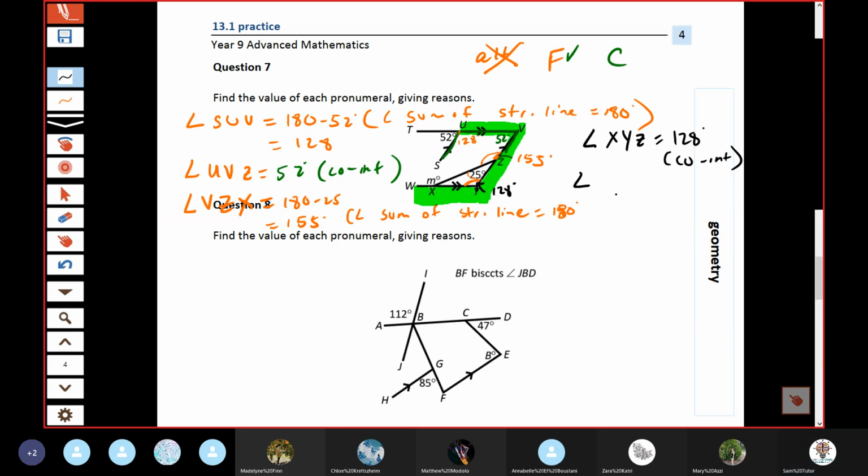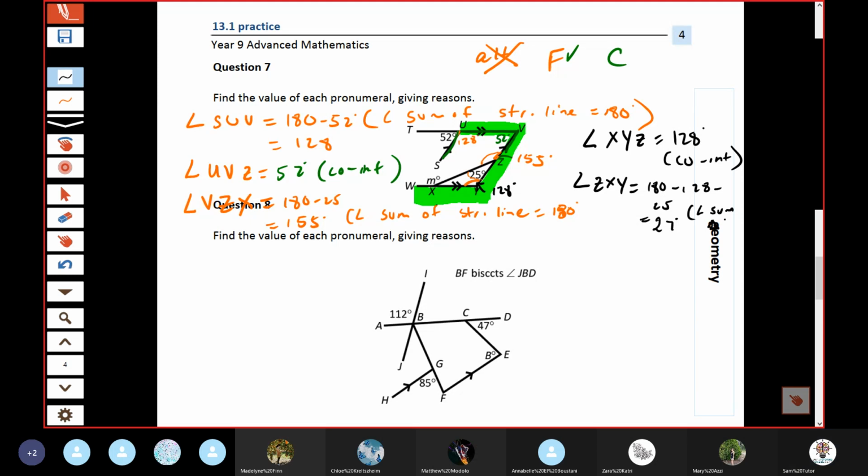Next. 180 minus 25 minus 128 equals angle ZXY. 180 minus 128 minus 25, which gives you 27. Reason: angle sum of a triangle.